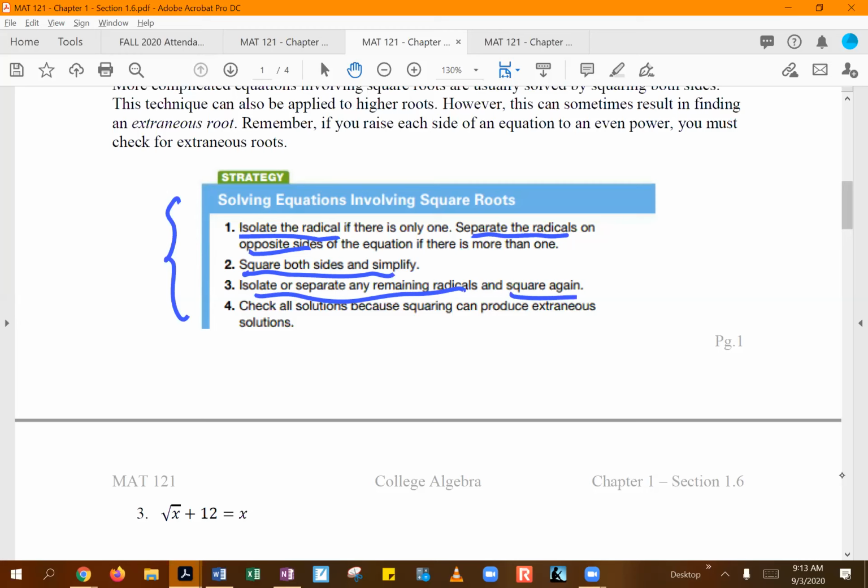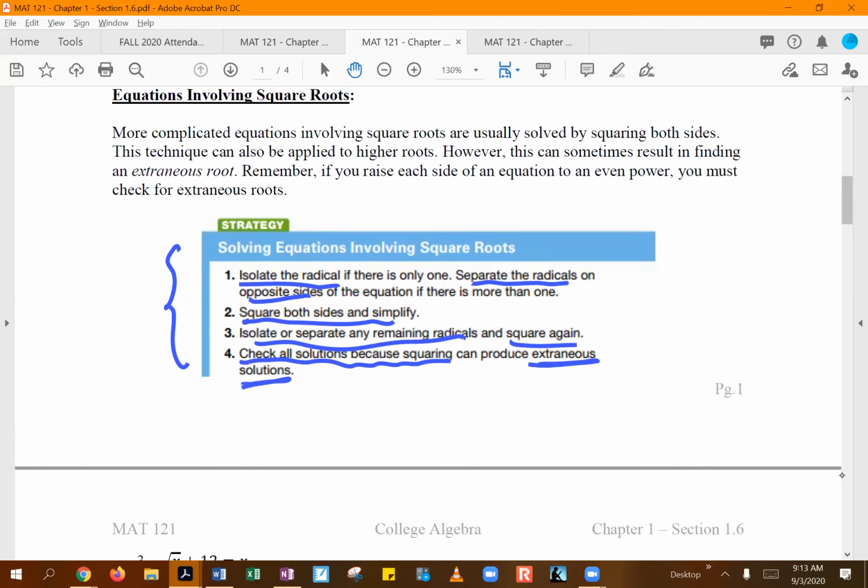Now, the one thing we have to be really careful about when we do these type of examples is making sure we are checking all of our solutions, because anytime you do a square, you end up creating extraneous solutions, which means you will have solutions which will not satisfy the original equation. You're basically getting extra answers, and that's what we mean by extraneous root. So you always want to check all the solutions that you come up with in the original equation.